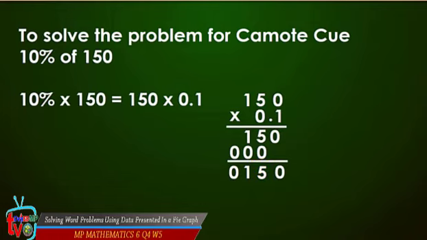Count the decimal places in the factors. The number of decimal places in the factors is equal to the number of decimal places in the product. There is only one decimal place in the factors, so there is also only one decimal place in the product. The final product is 15.